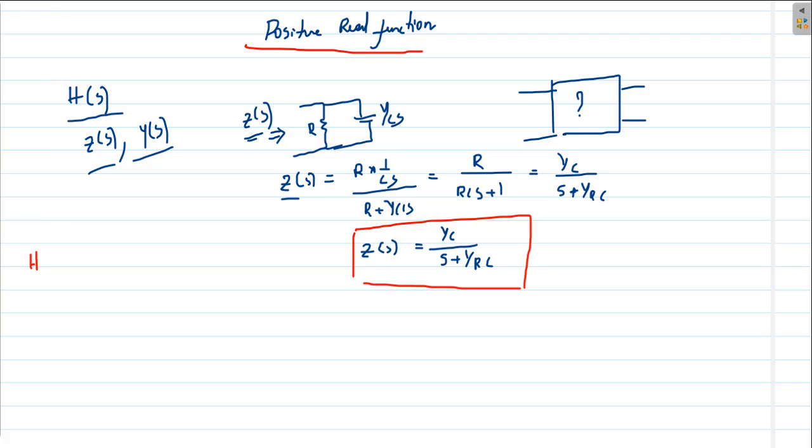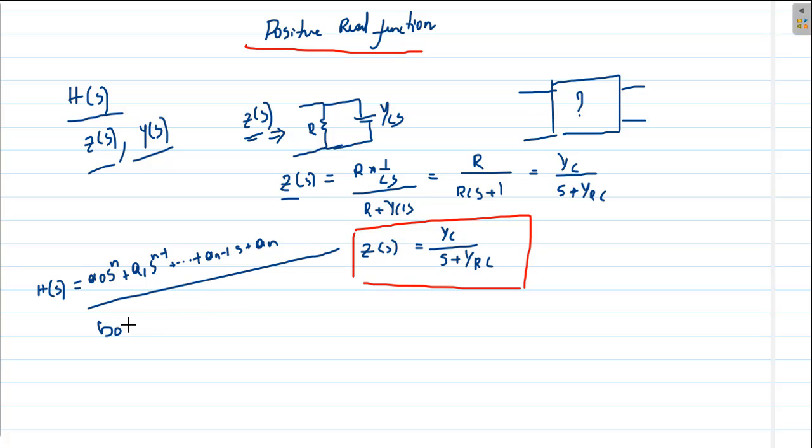The standard representation of a positive real function is given by h of s equal to a0 s power n plus a1 s power n minus 1 plus so on up to a of n minus 1 s plus a of n, divided by b0 s power m plus b1 s power m minus 1 plus so on up to b of m minus 1 s plus b of m.